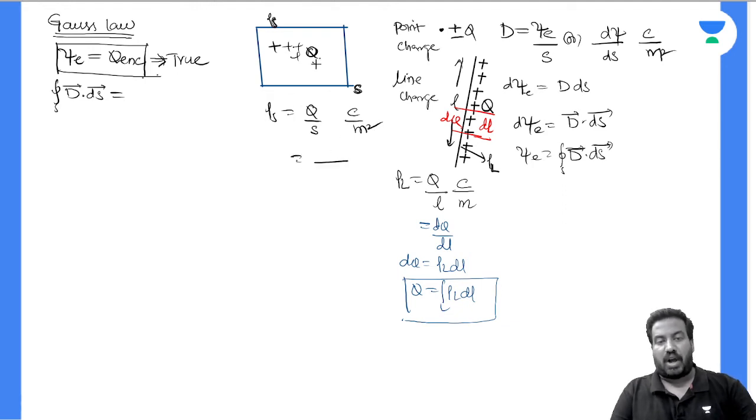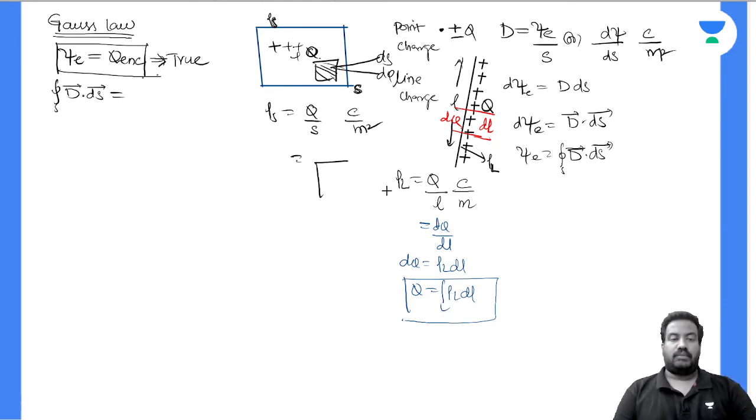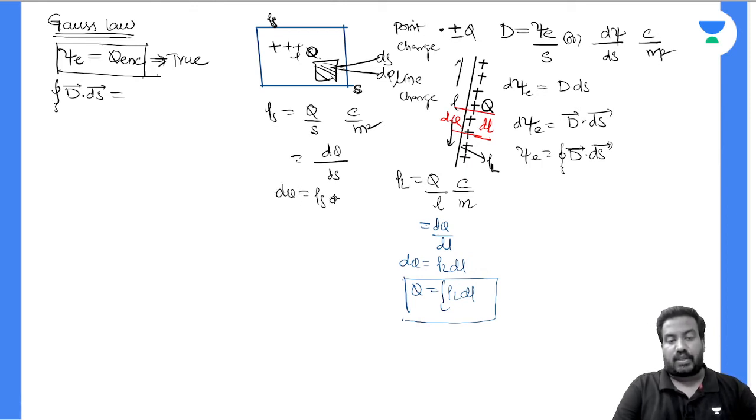If you consider a small surface area ds, from which the charge associated is dq, then you can write this as dq by ds. From this dq is rho S ds, q is surface integral of rho S ds.